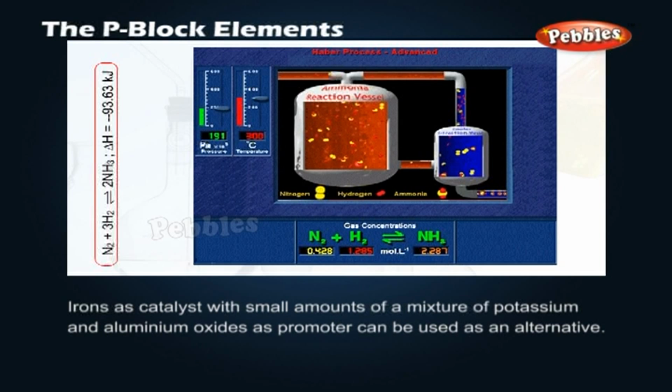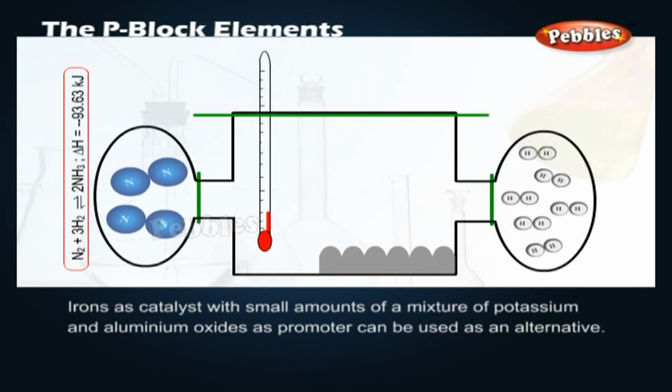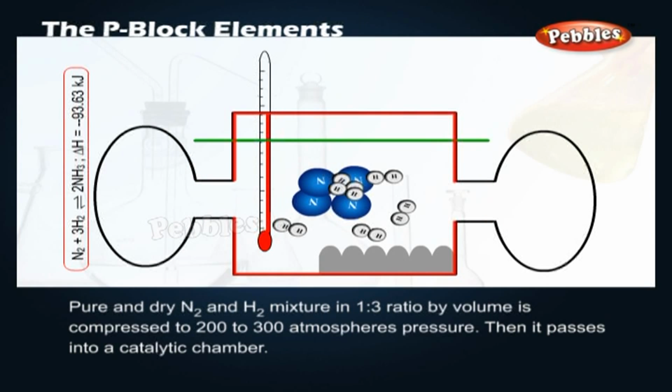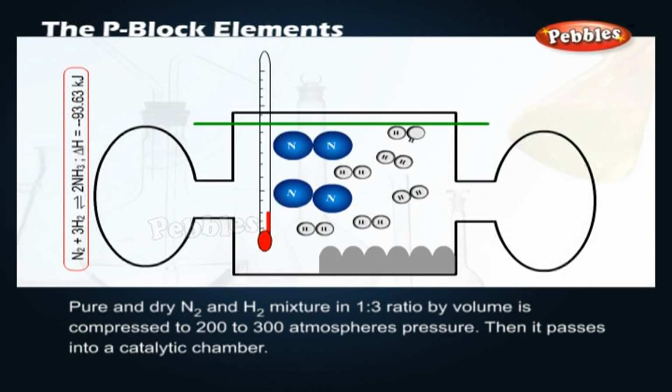Iron as catalyst with small amounts of a mixture of potassium and aluminum oxides as promoter can be used as an alternative. Pure and dry N2 and H2 mixture in 1:3 ratio by volume is compressed to 200 to 300 atmosphere pressure. Then it passes into a catalytic chamber.